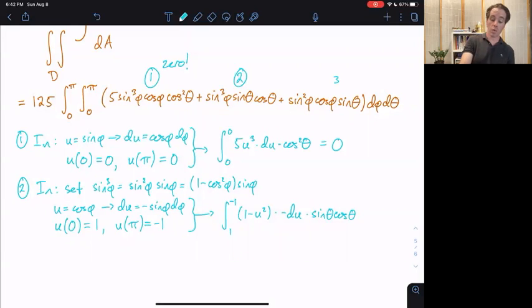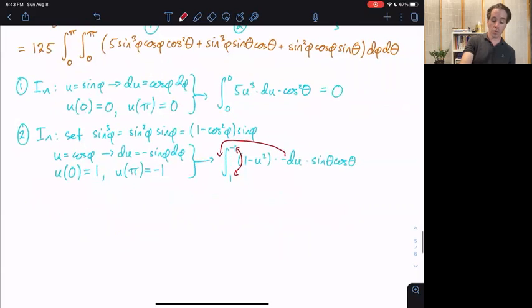Now I'm going to do two things at once. I'm going to bring this minus sign out to the front, but I'm also going to reverse these limits of integration so that it becomes more familiar. And that, of course, is going to leave me with minus signs that cancel out. So this will be from negative 1 to 1, now, and 1 minus u squared du, again, times sine theta cosine theta.